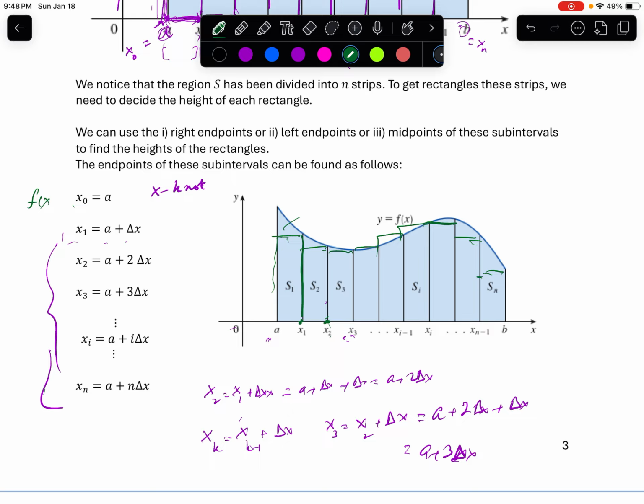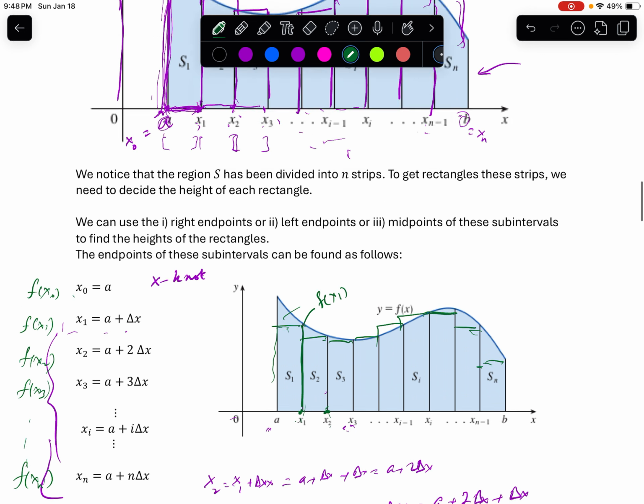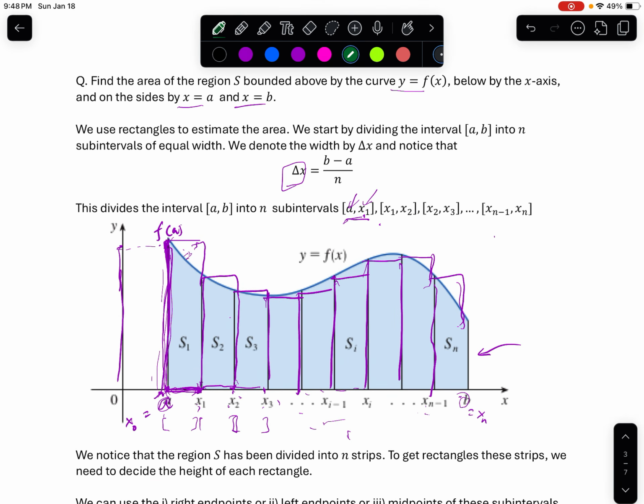For this it will be f of x1, f of x2, and so on. So in this case, my first rectangle has height f of x1, whereas in the previous one, my first value was f of x sub 0.